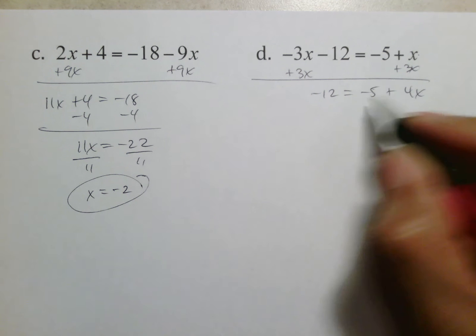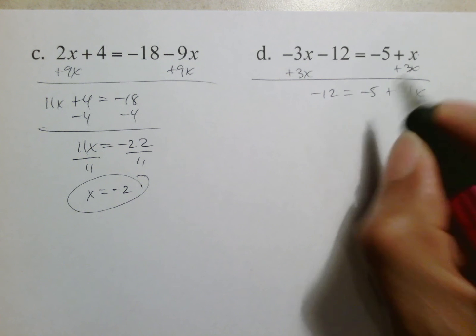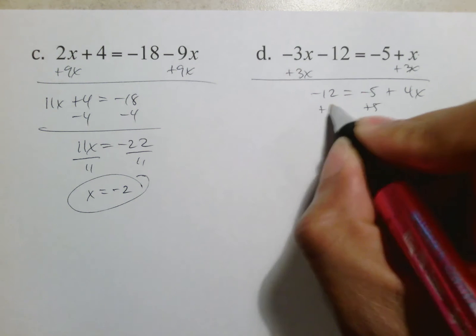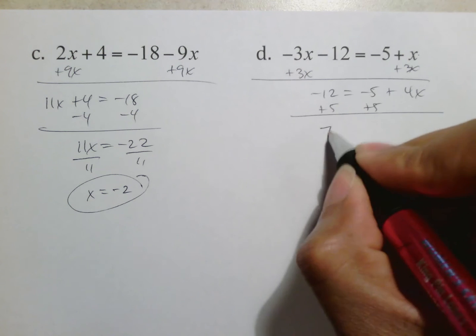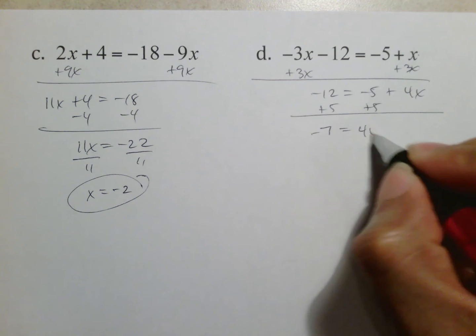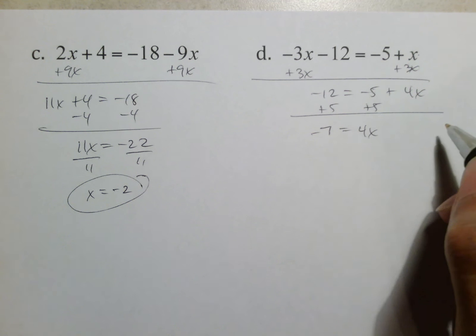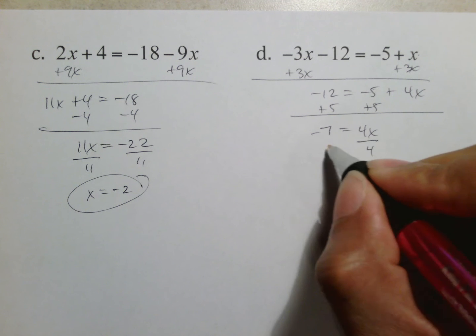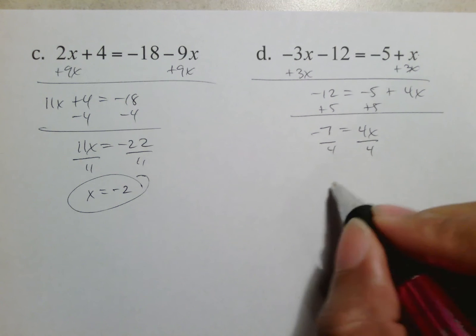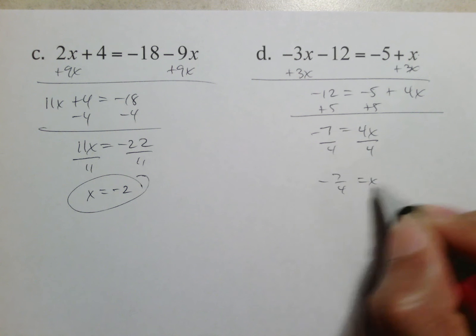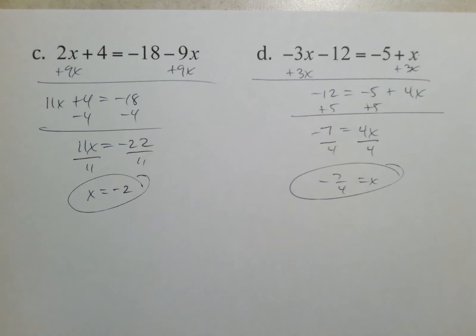Home again, because we've got a number and a variable. And so now we add 5 because 5 is negative. Negative 12 plus 5 is negative 7. Again, if you don't know why, check that out for yourself on your calculator. Divided by 4, and because those don't divide and we don't put decimals, we get negative 7 over 4 equal to your x.